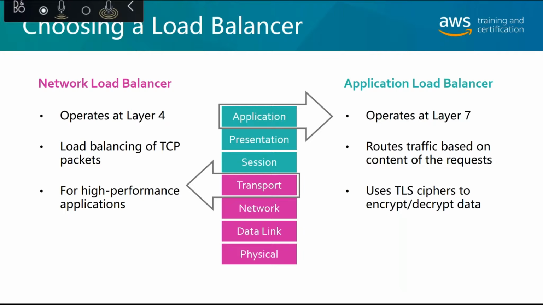The application load balancer operates at layer 7, and the keyword here too is that it routes traffic based on the content of the request, within the URI. It also supports TLS. Basically, you can add a certificate to the application load balancer and you can have SSL if you want.